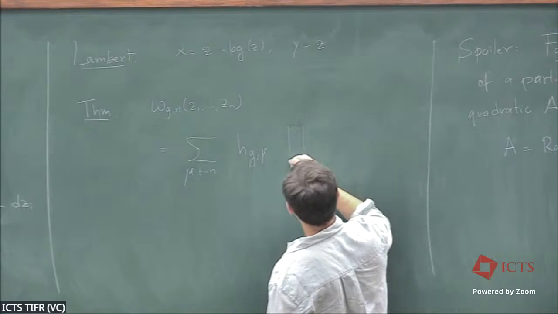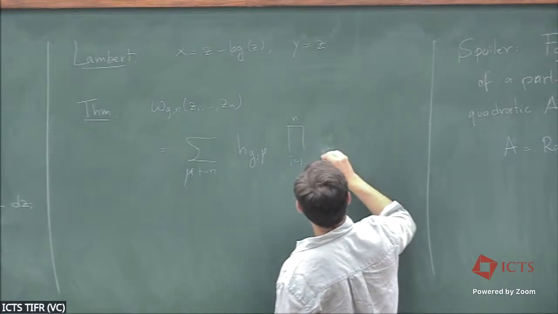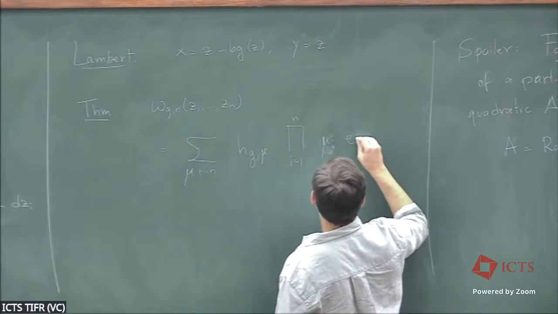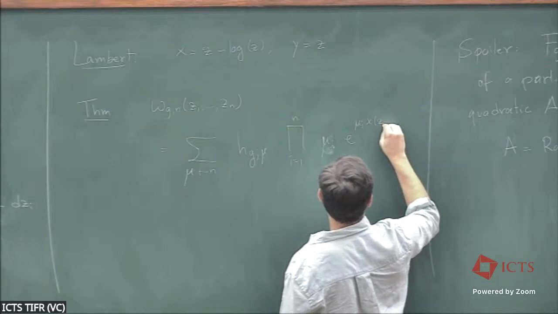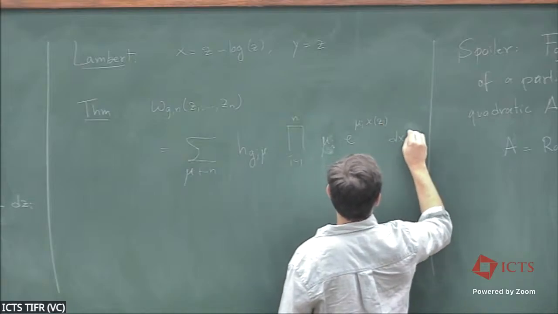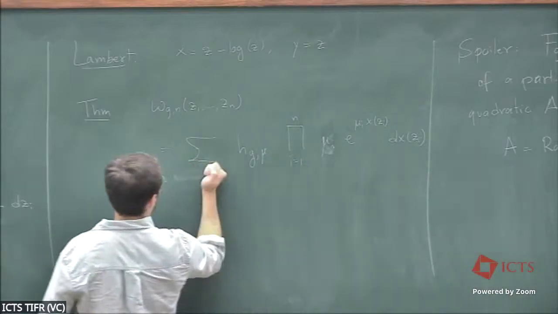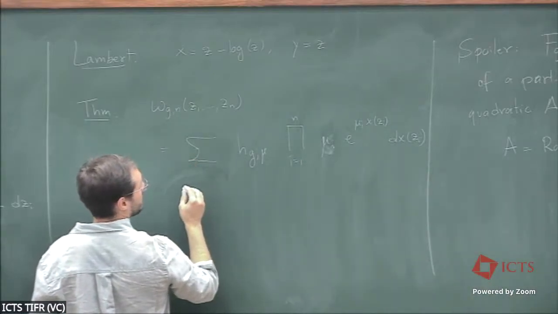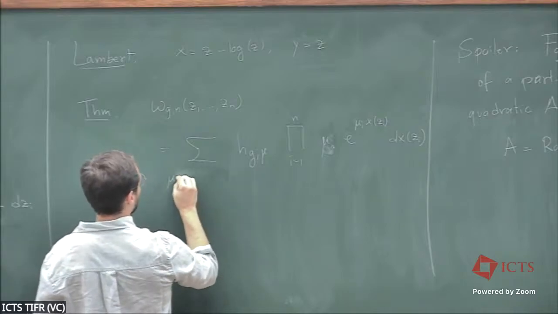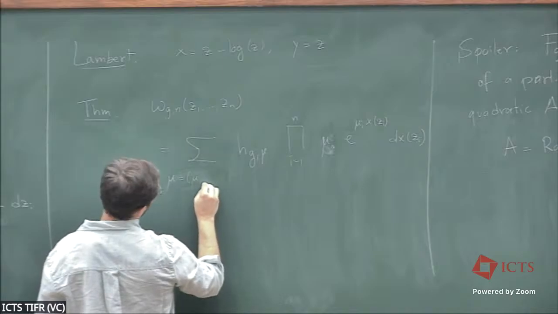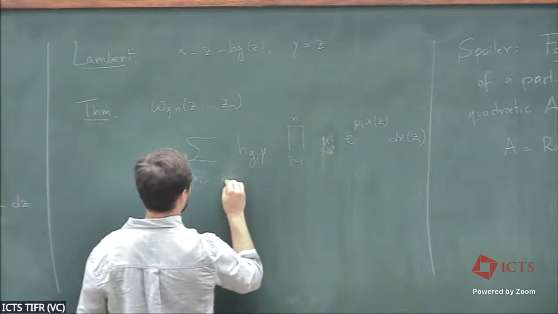And here you have a product from 1 to n, mu I exponential of mu I times x of zi dx of zi. So here, sorry, mu is a partition of length n.